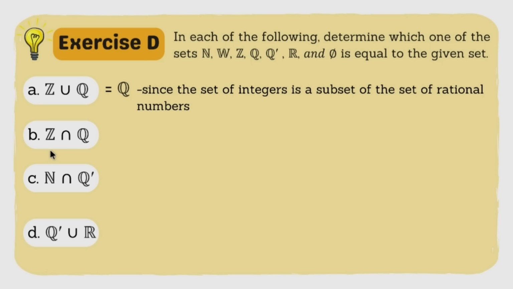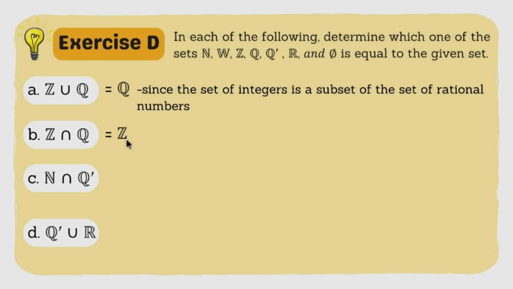How about letter B? What is the integers intersection rational numbers? In letter A it was union; here in letter B, what is the intersection? What are their common elements? So it's just the set of integers.